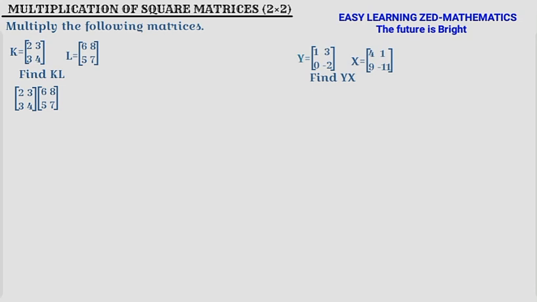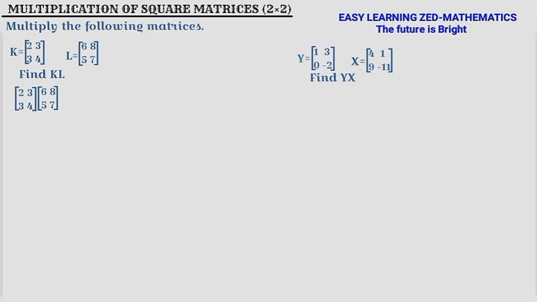The numbers we are talking about as the first row in the first matrix are 2 and 3. Then the first column in the second matrix has elements 6 and 5, 6 on top, 5 down. Then the second column in the second matrix has elements 8 and 7.